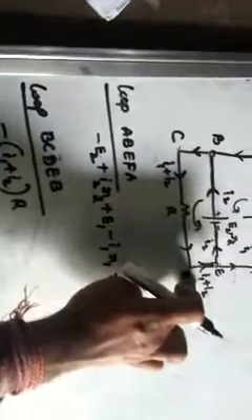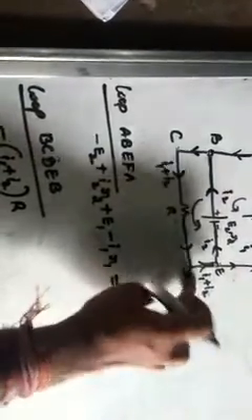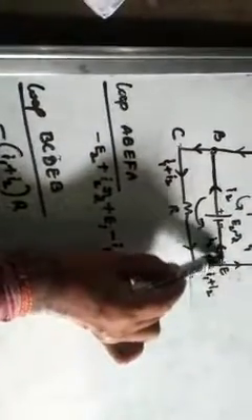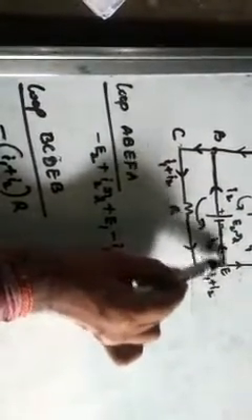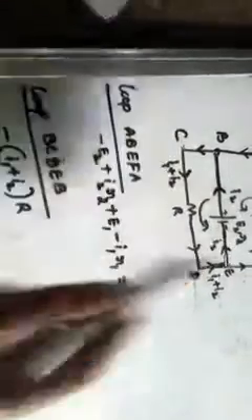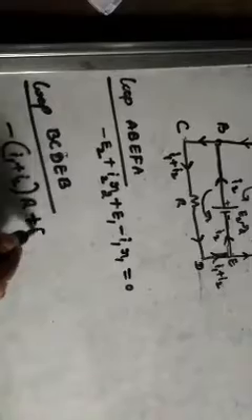Now D to E, there is no resistor and no cell, no need to apply. Now E to B, the current is coming like this and you are touching the terminal of the cell, so EMF will be positive.